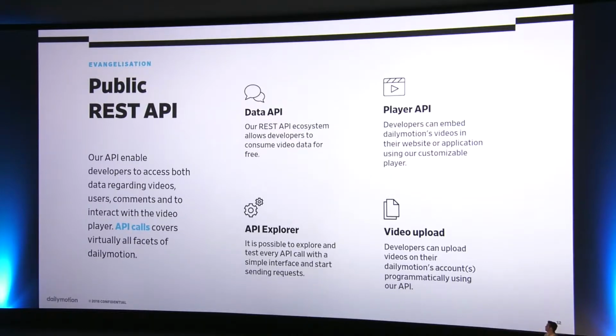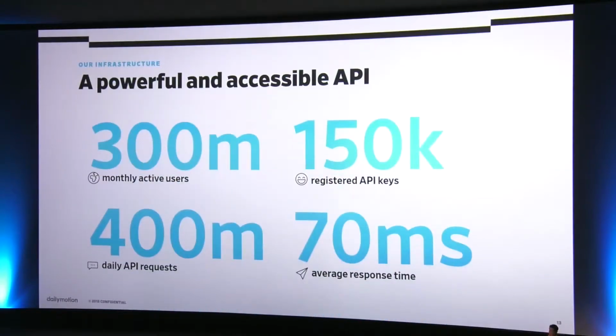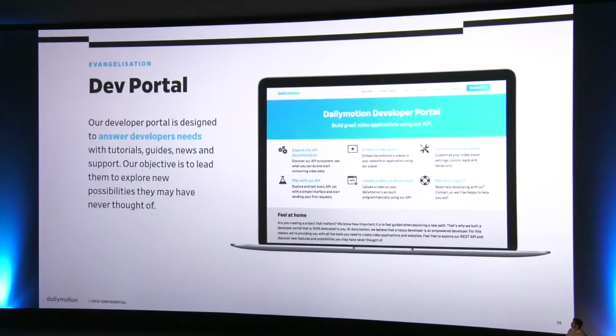And you can also upload videos through our public REST API. Some numbers: we have over 300 million monthly active users, 150K API keys, 4 million daily API requests, and our response time is about 70 milliseconds, which is pretty cool. We have a developer portal, which will allow you to check and see what you can do with our API, and I will show you in the demo afterwards.